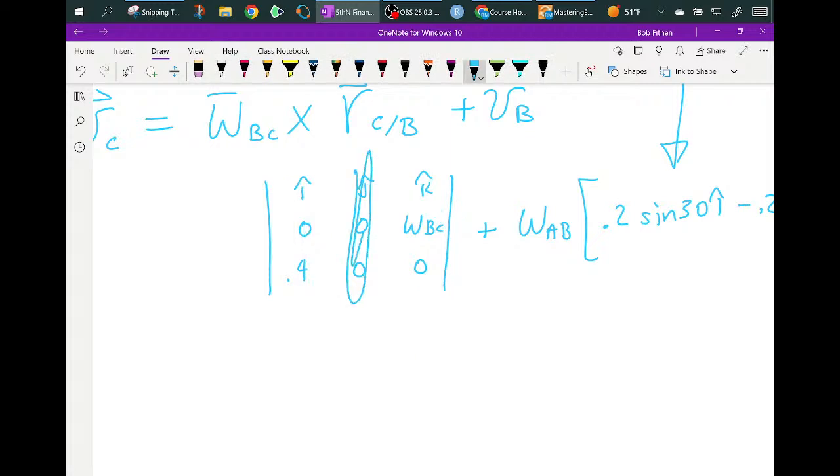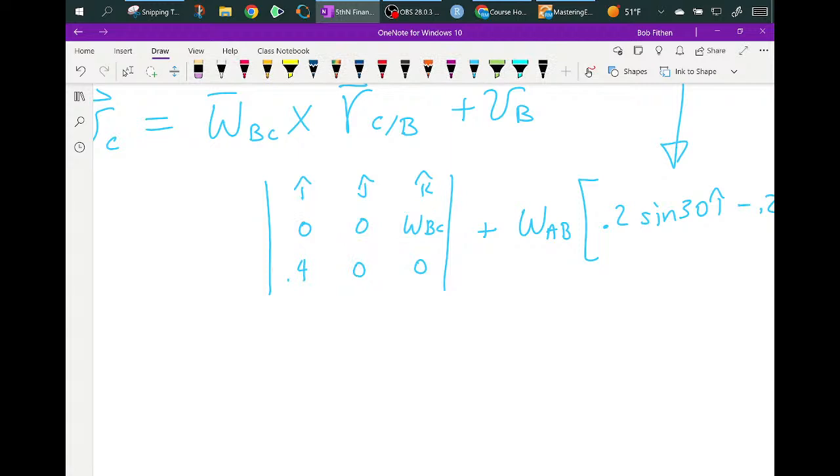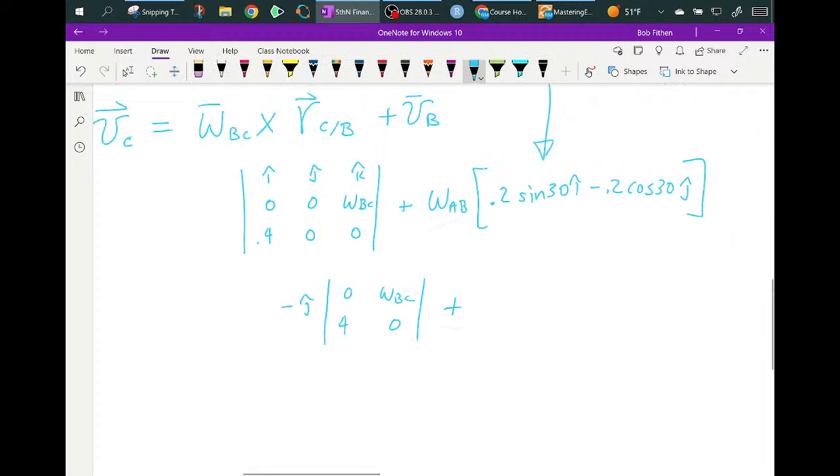If you do a cofactor expansion about J and look at this determinant, it's the only one you'll get something from. So I'm just going to write it down. Plus all this here.